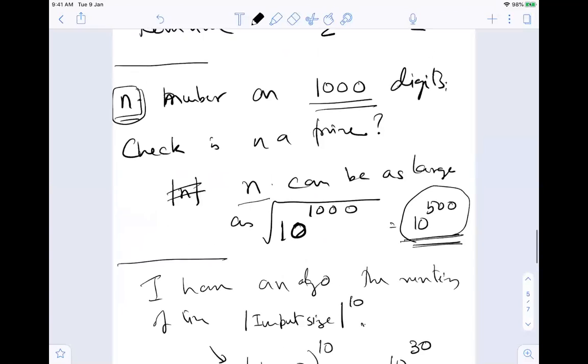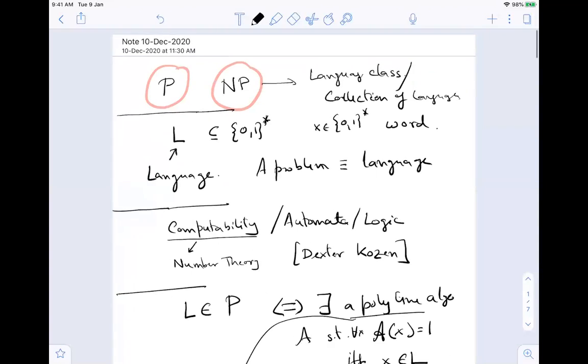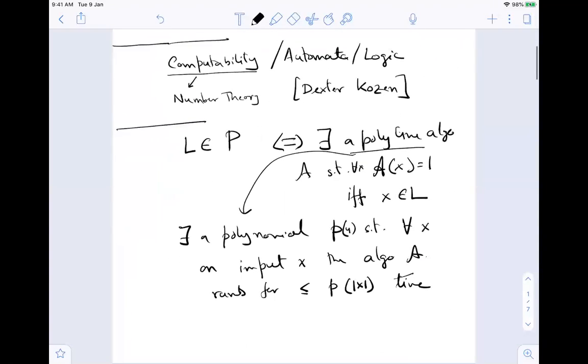So that's why, if you see how I defined it from the beginning, P is a language for which I told you there is a polytime algorithm. And what is a polynomial time algorithm? It runs in time p of size of x, where size of x is the input size. Yes, sir.